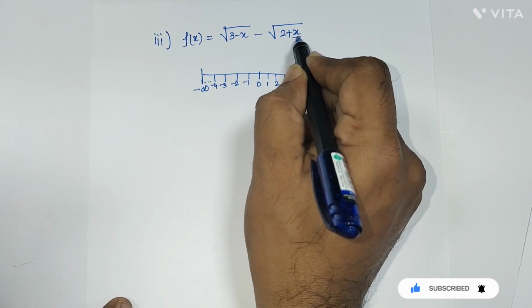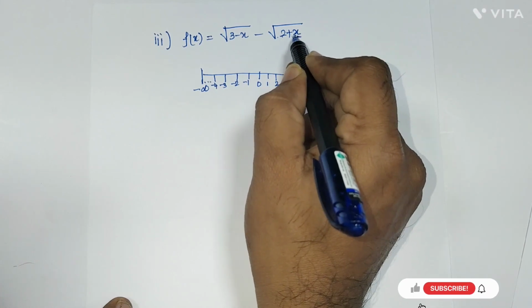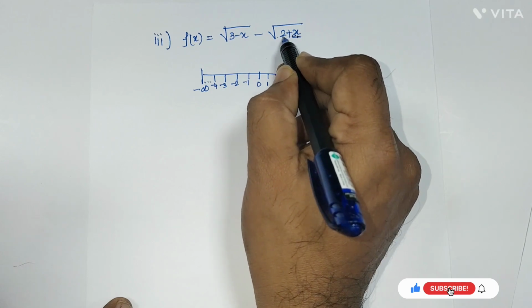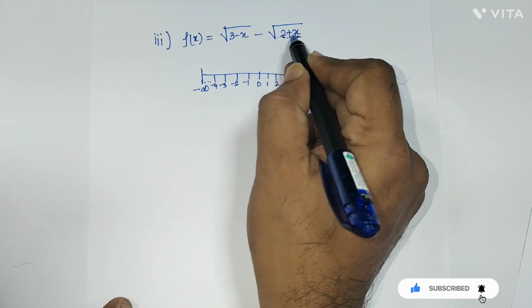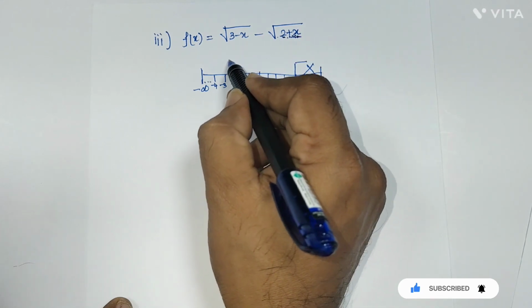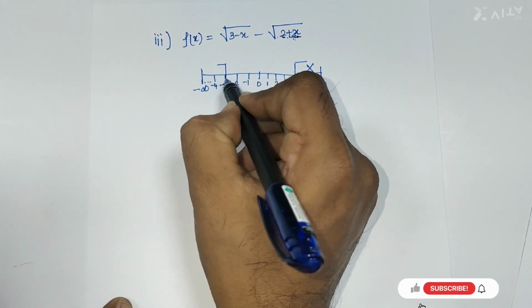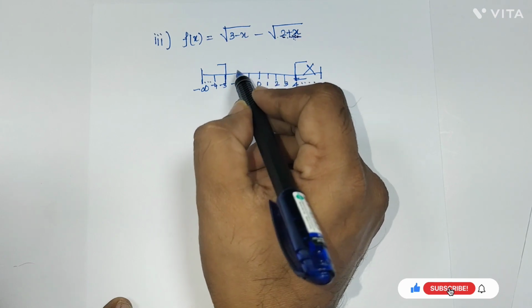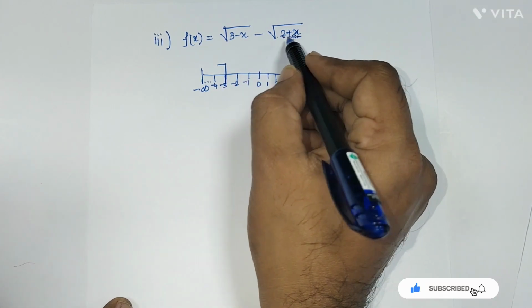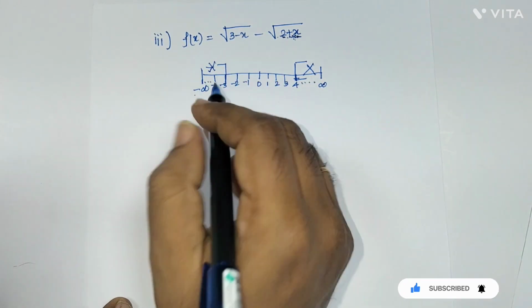When I am taking x equal to minus 3, what will happen? 2 minus 3, you will get minus 1. That means the square root of minus 1 is called i. Imaginary part is not possible. So minus 2 is possible, but minus 3 is not possible. After that you will have minus 2.1, that also is not possible. Generally we can say minus 3 to minus infinity is not at all possible here.